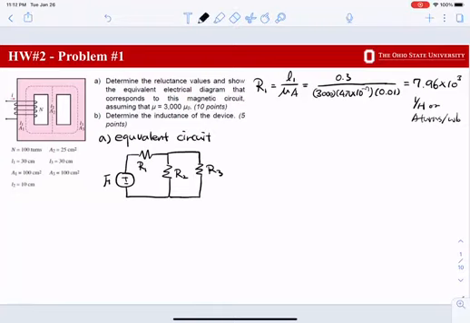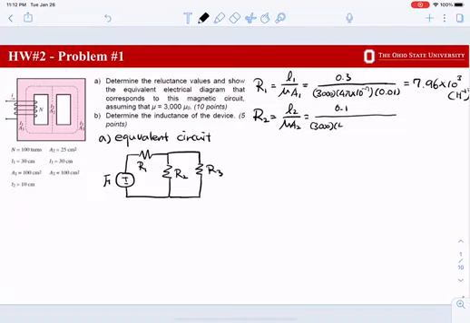Okay, I put the unit here and relate to this one. Similarly, reluctance 2 is L2 over mu A2. That is 0.1 over 3000 times 4 pi times 10 to the minus 7 and 0.0025.